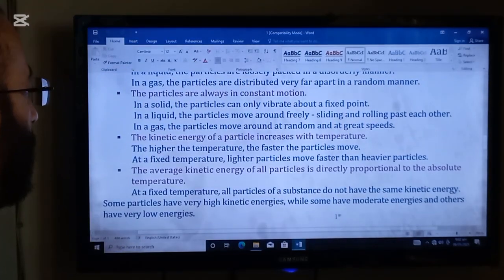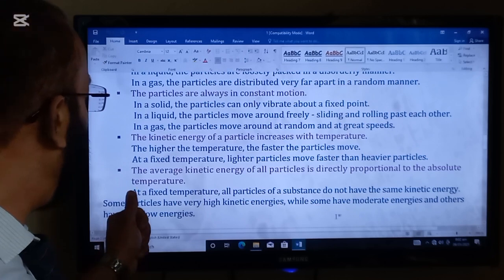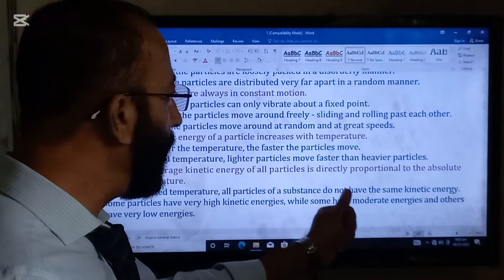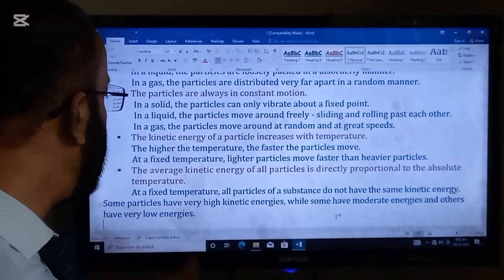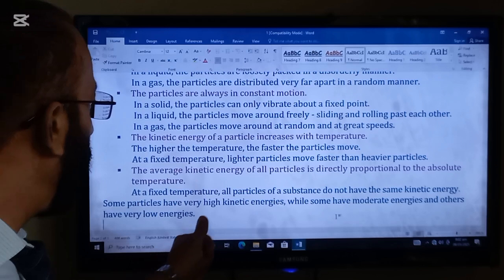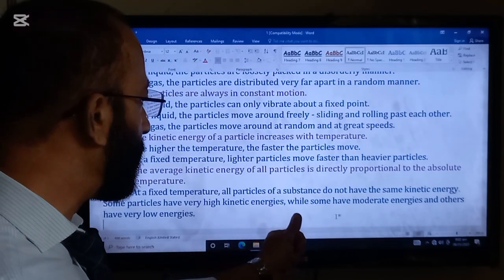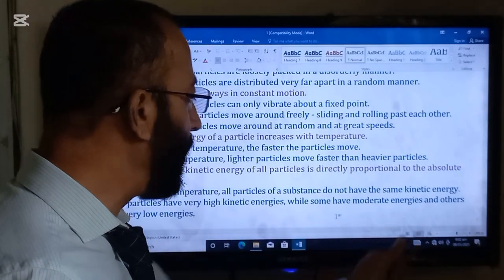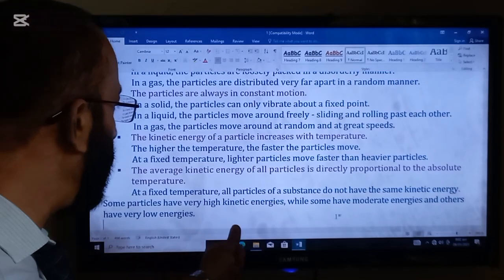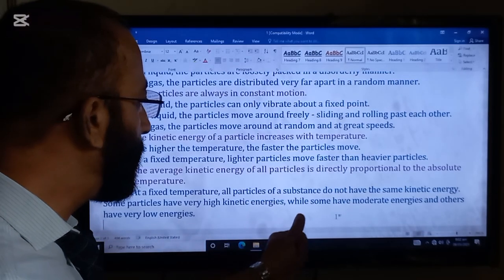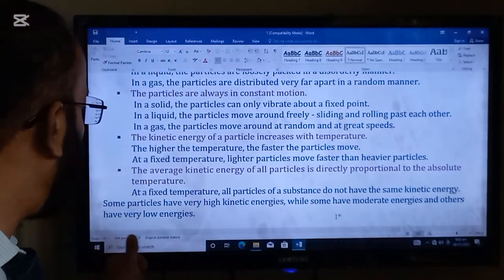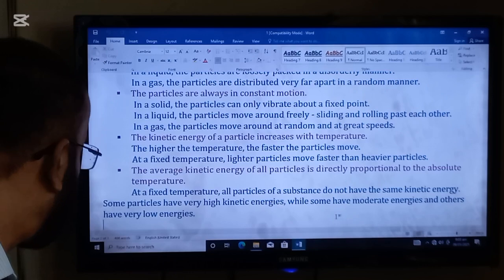Next point of the kinetic particle theory is the average kinetic energy of all the particles is directly proportional to the absolute temperature. At a fixed temperature, all particles of a substance do not have the same kinetic energy. Some particles have very high kinetic energies, while some have moderate energies and others have very low energies.